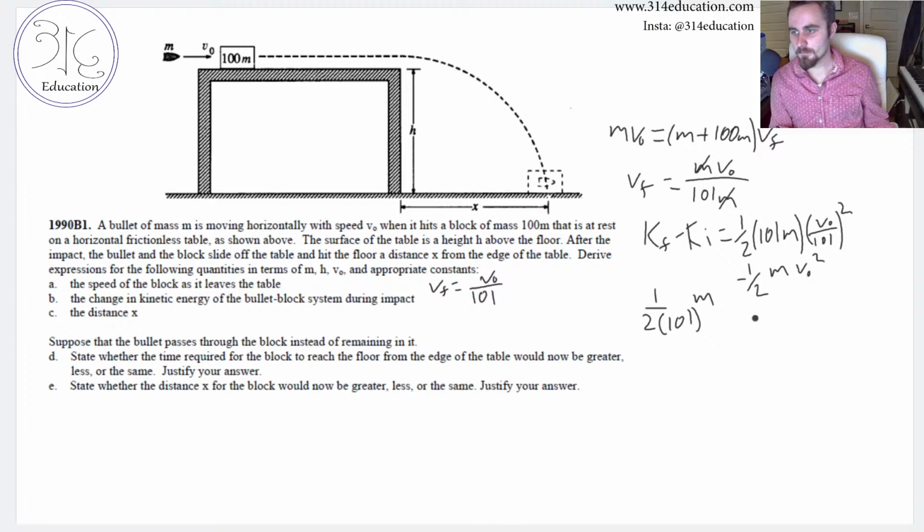We still have the m, and we still have the v naught squared, because we didn't cancel that. Can I get a nice dividing line there? Because that's a little too close, a little confusing. And then we're going to subtract our initial, which was just this 1/2 m v naught squared.